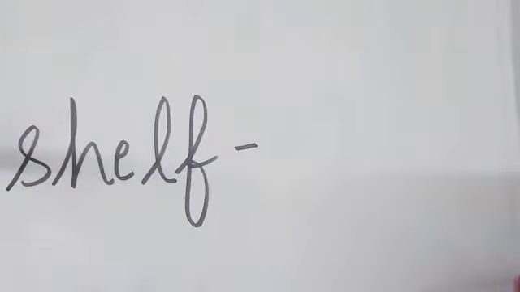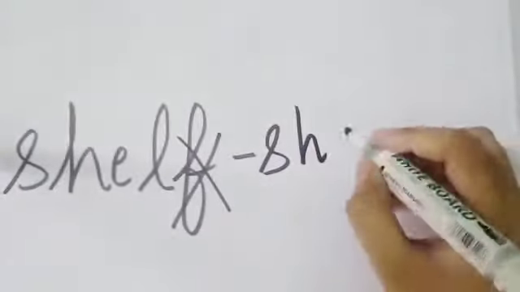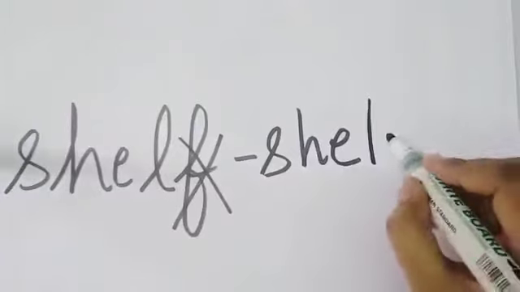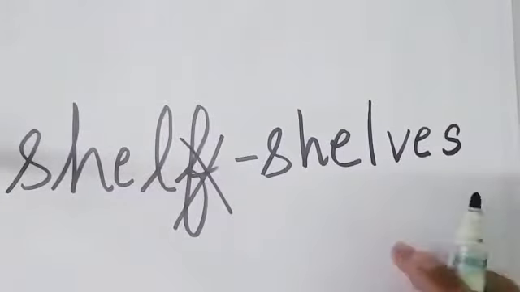The next is shelf. Children, when a spelling ends with an F, you are going to remove F and add VES to make it a plural noun. So shelf will be shelves, S-H-E-L-V-E-S. So the plural noun is shelves.